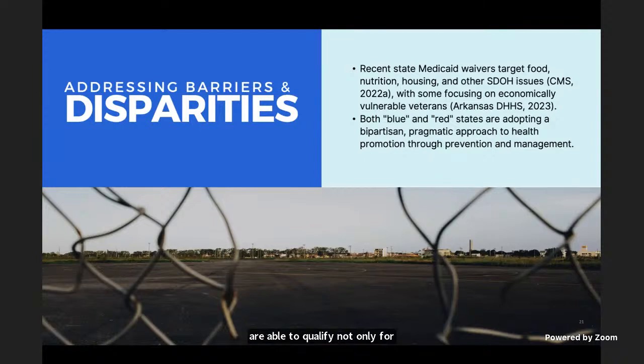And this is happening in both blue and red states, if you will, in terms of we talk about politics so much these days. But both conservative, liberal, blue, red, you name it, states are adopting a more bipartisan, pragmatic approach to health promotion through prevention and management.